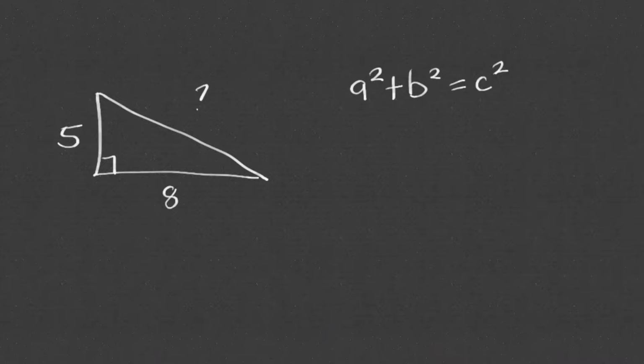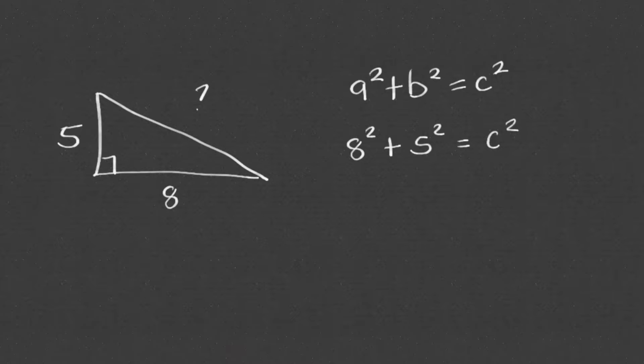Given a right triangle with an adjacent of 8 and an opposite of 5, with an unknown hypotenuse. Let's solve for the hypotenuse using the Pythagorean theorem, a squared plus b squared is equal to c squared. A and b can be either the adjacent or the opposite, but in this case, let's make a the adjacent and b the opposite.